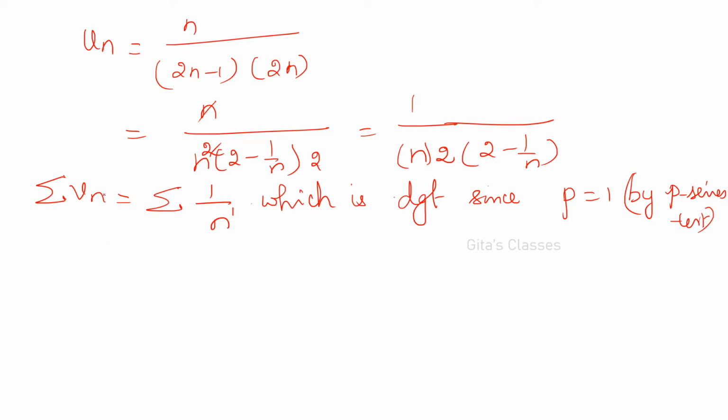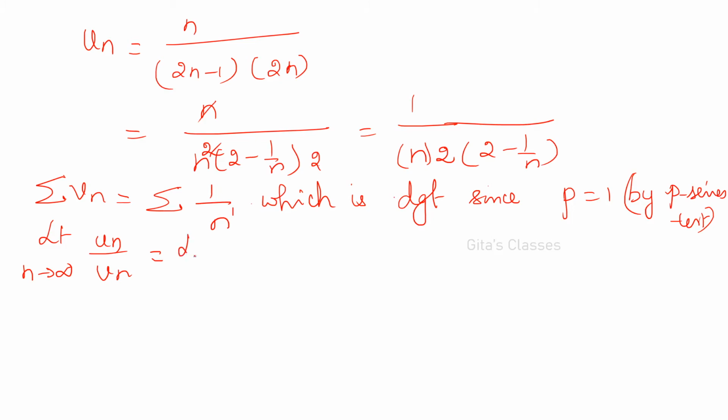Now you have to find out limit n tends to infinity un by vn. So first step is write un term, then try to bring maximum power of n in the denominator outside, then assume sigma vn, then find the limit n tends to infinity un by vn.